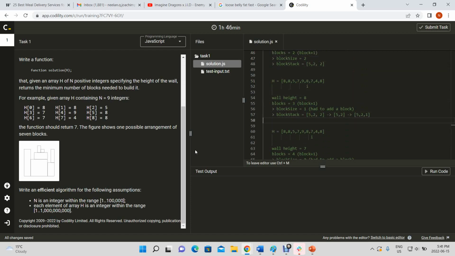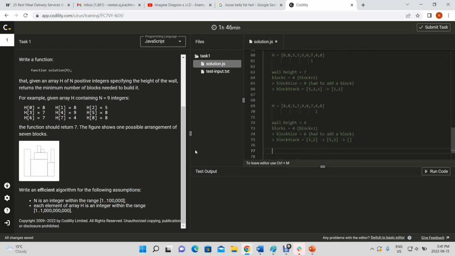I'm wondering if I'm getting this right. Okay, so we would pop out 2 blocks, and then we'd create a block that's 4, and then the block size would be 4. Right. So we created a block.